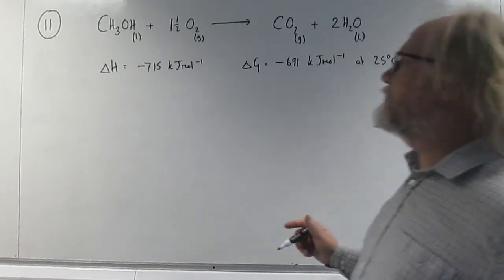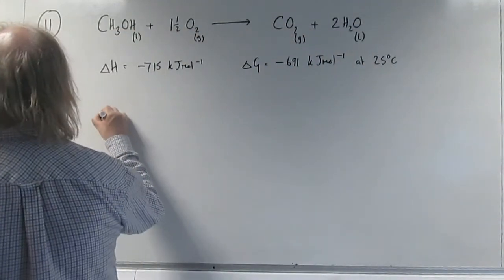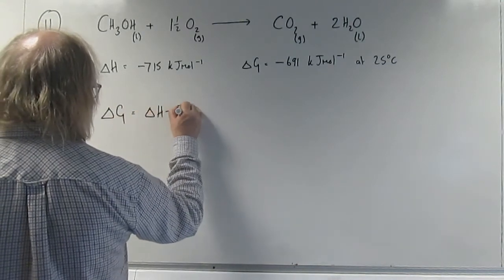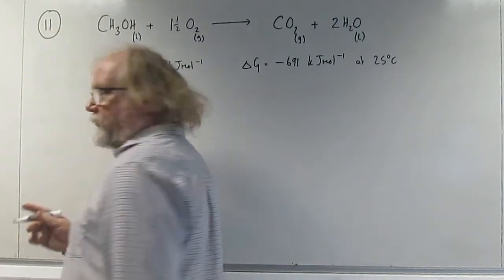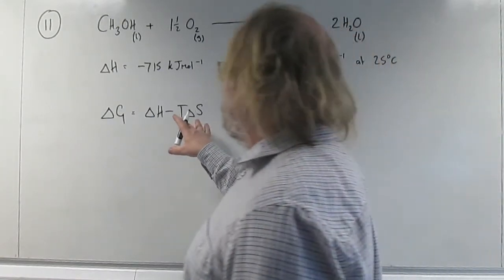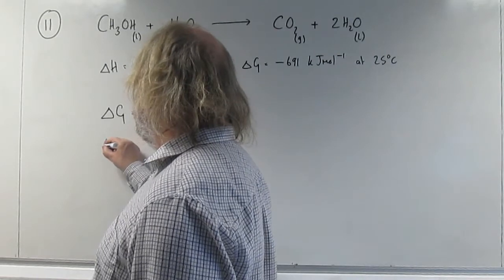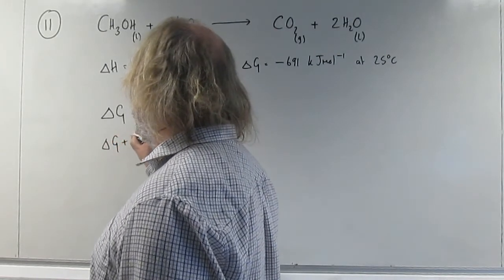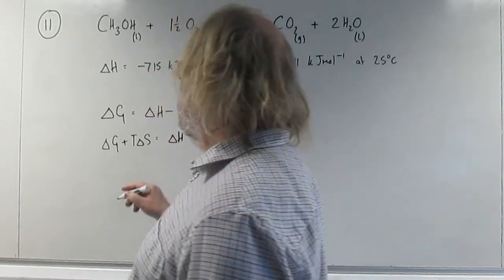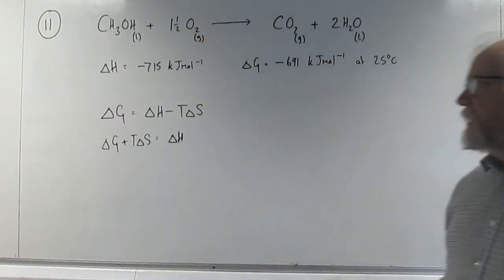So remember that you always start by writing down delta G is delta H minus T delta S. That's the definition that forms the basis for answering all these questions. And then we've got to rearrange it to solve for delta S. So if we add T delta S to each side, we get delta G plus T delta S is equal to delta H. Okay, so let's just move that term over to there.